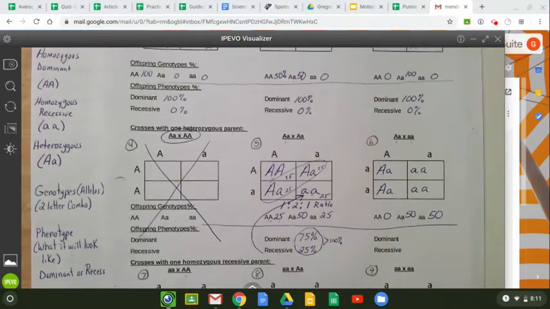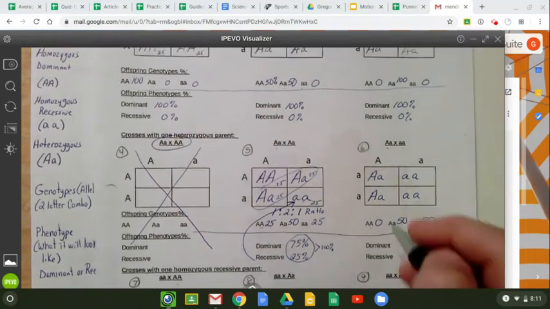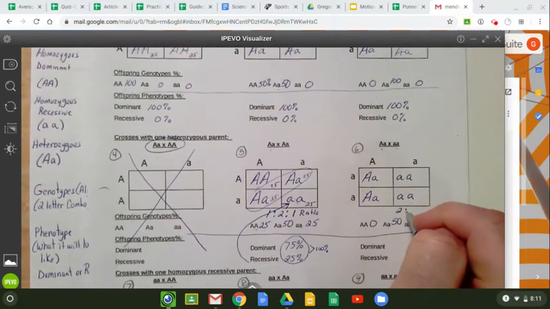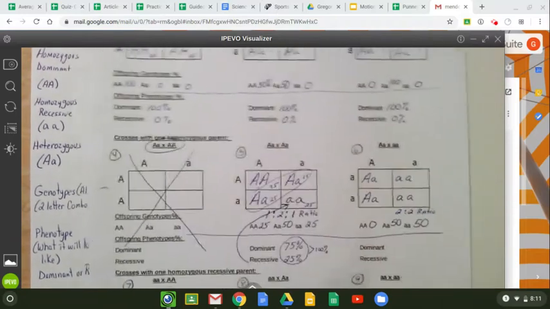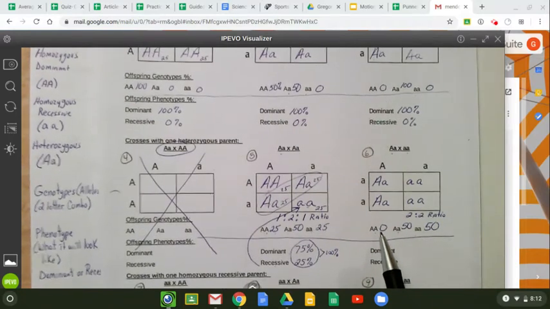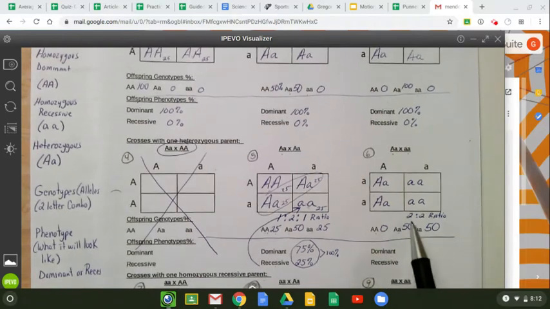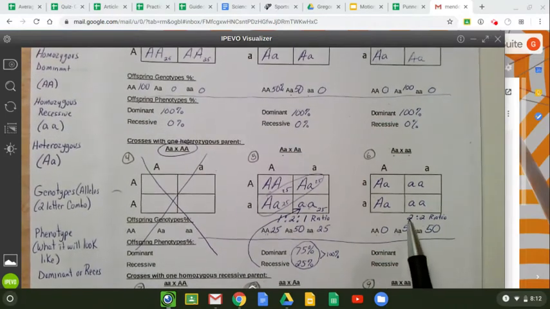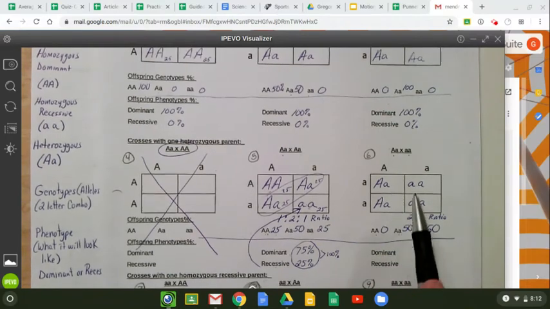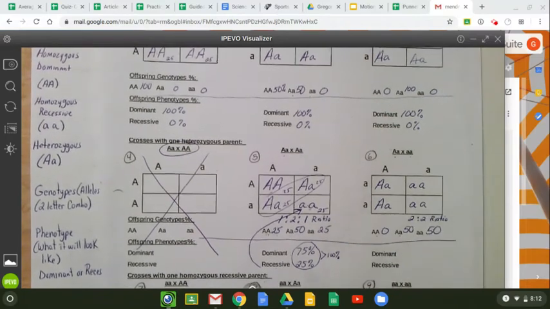So if we wanted to do a ratio, I could say that it is a 2 to 2 ratio. Now, why don't we put a 0? You don't need to. Just put the 2 that are represented in this case, because these 2 numbers should equal the 4 boxes. 2 plus 2 is 4.